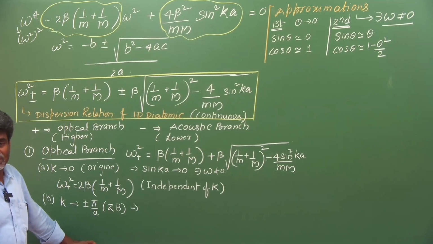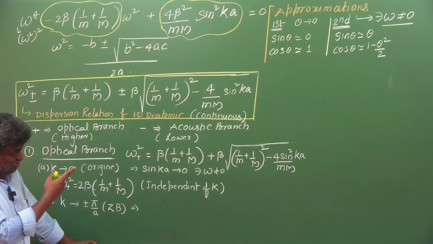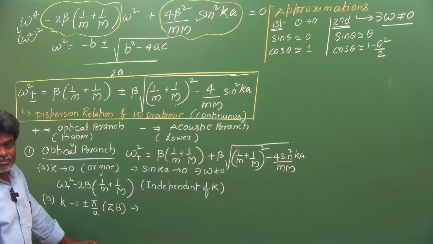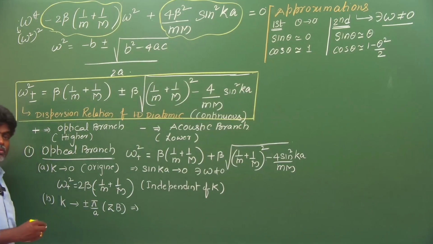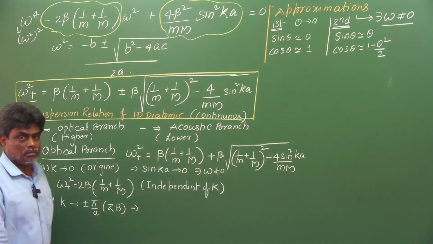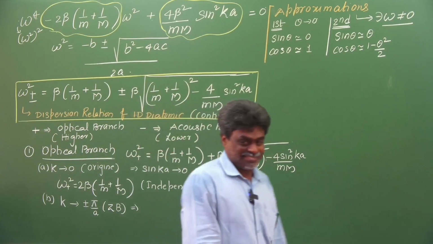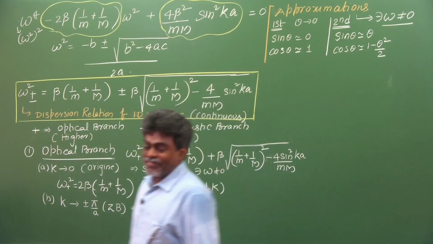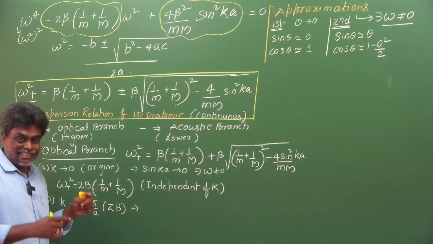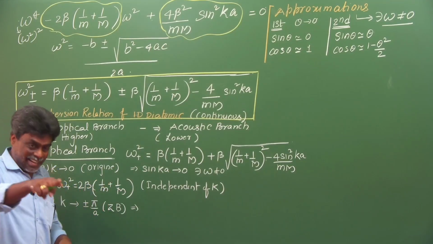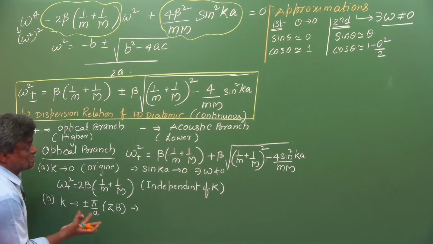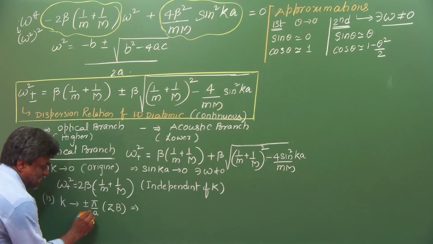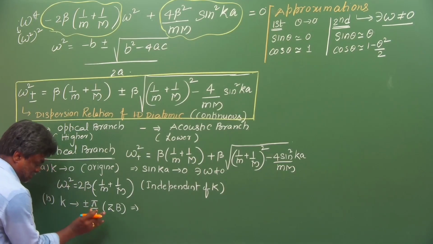What she is saying is right. Which lattice is it? Diatomic. Very good. So it's not pi by a, it is pi by 2a.